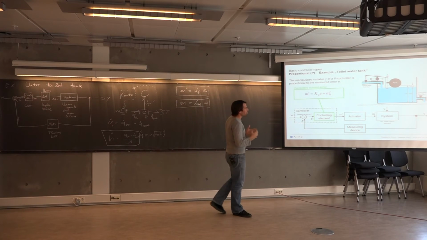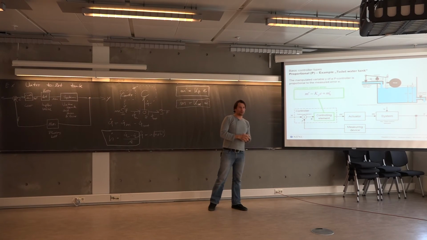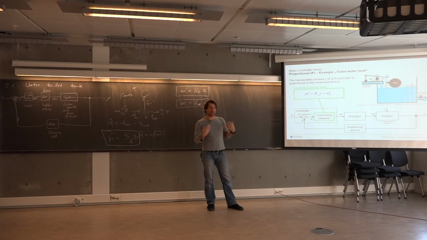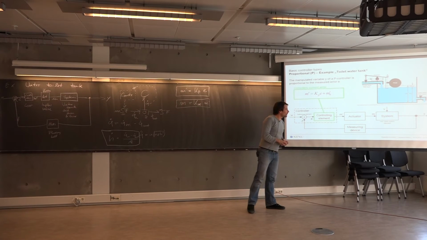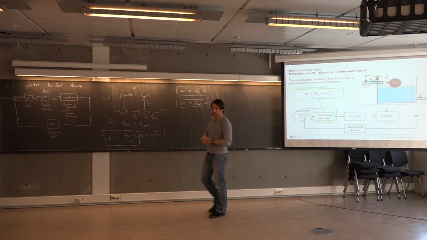It's the most basic sort of controller, and there are many mechanical examples, such as this lever here. The problem with this controller is that, as we shall see in a short example, it won't really solve the problem perfectly.